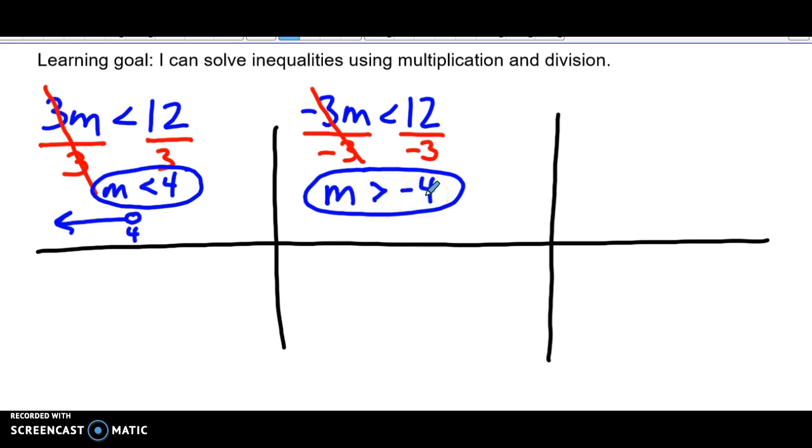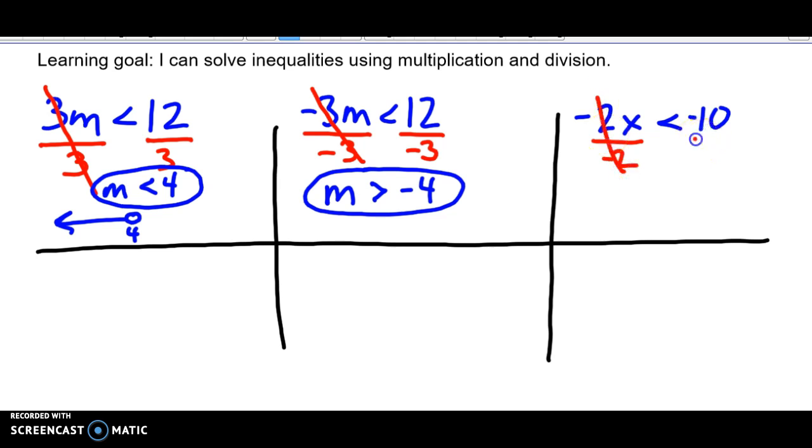Now let's consider one more example before we stop and talk about this. Let's say I have negative 2x is less than negative 10. I'm trying to solve, so I need to get x by itself. So I need to undo this multiplication here. I have negative 2 times x. So to undo that multiplication, I'm going to divide.